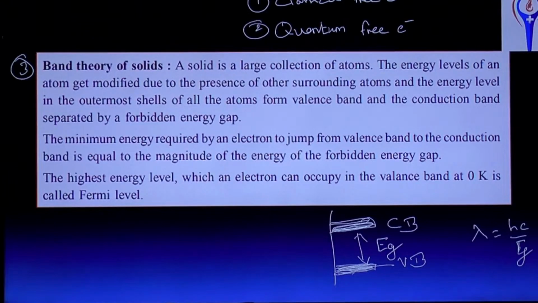The highest energy level which an electron of an atom can occupy in the valence band at 0 Kelvin is called the Fermi level or Fermi energy. For EC students this is a very important topic, to determine where the Fermi level is situated, because based on that they find the conductivity of the semiconductor.